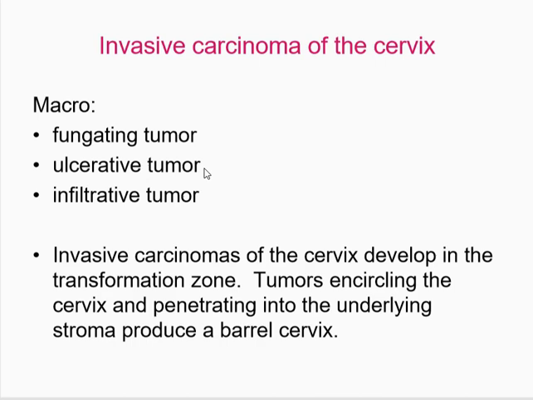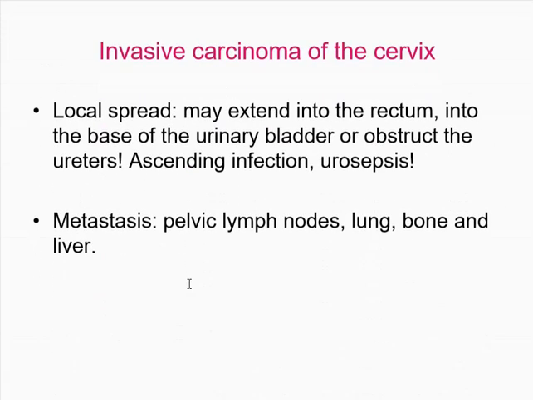These carcinomas develop in the transformation zone with which we started the pathology of the cervix, and sometimes they may be circumferential, encircling the cervix and penetrating deep into the underlying myometrial tissue, causing a barrel cervix, a very firm obliterated cervical canal.